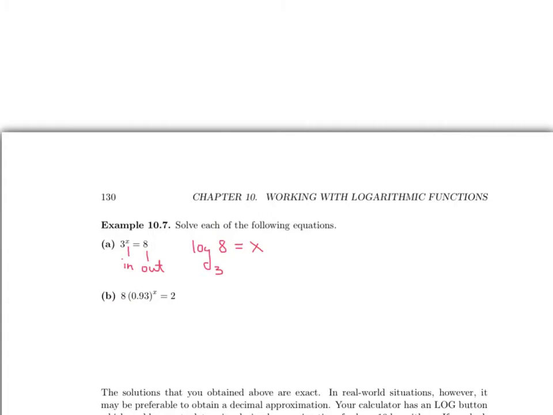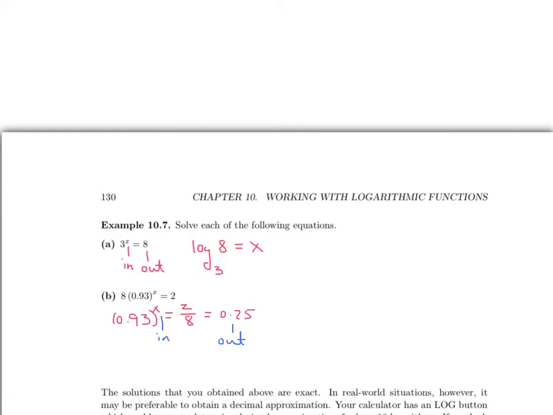If I divide both sides by 8, the 8's divide out on the left side, and we're left with 0.93 raised to the x equaling 2 divided by 8, which is the same thing as 1/4, or 0.25. So you can see from here that x is playing the role of the input and 0.25 is playing the role of the output.